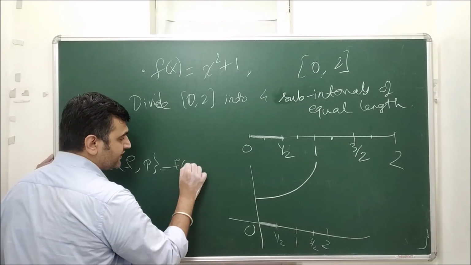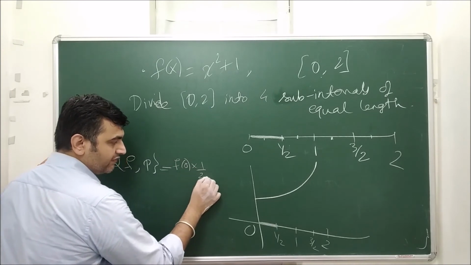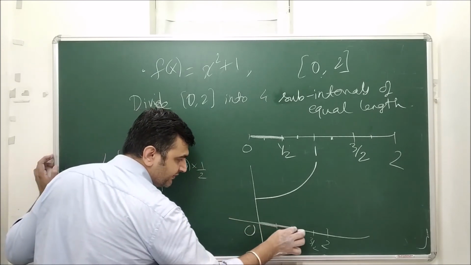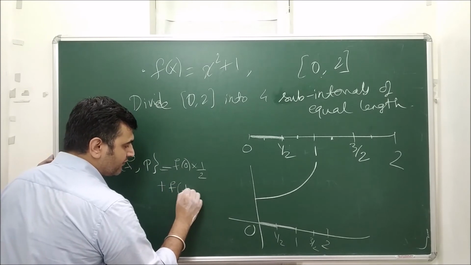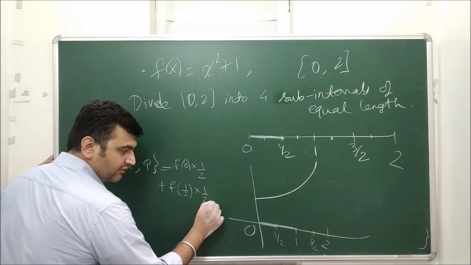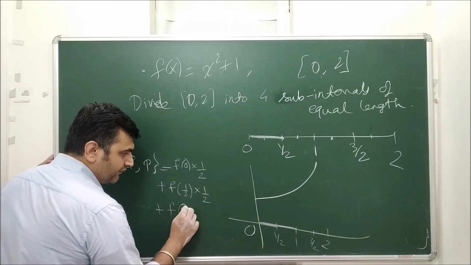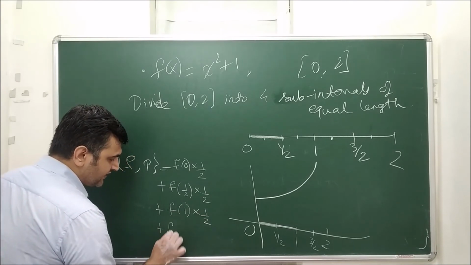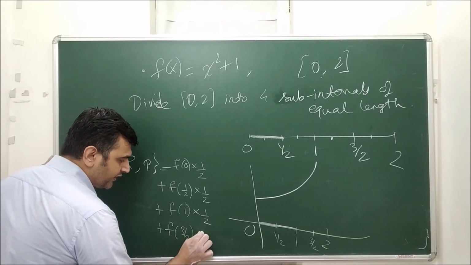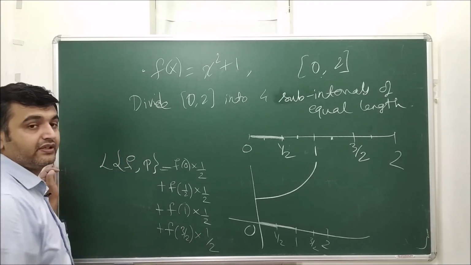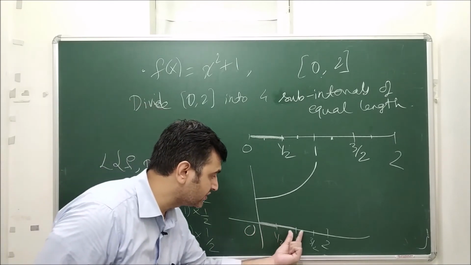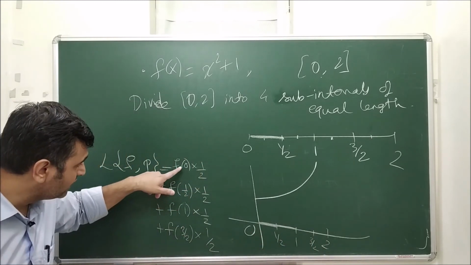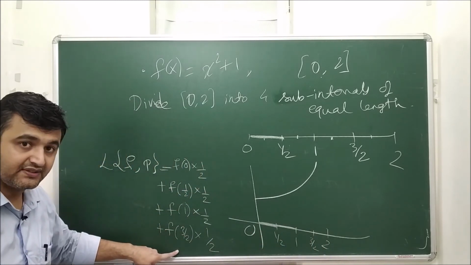So it is f of 0 into the length of the subinterval, plus in the next subinterval f of 1/2 into the length of the subinterval, plus f of 1 into the length of the subinterval, plus f of 3/2 into the length of the subinterval. So in each of the 4 subintervals, the minimum value will be at the left end points.